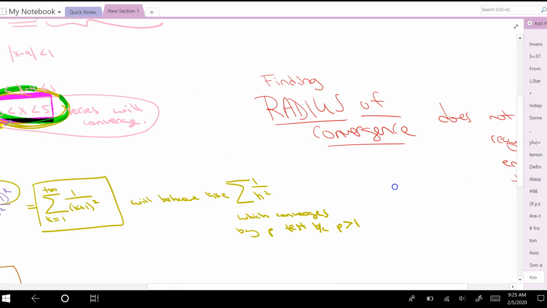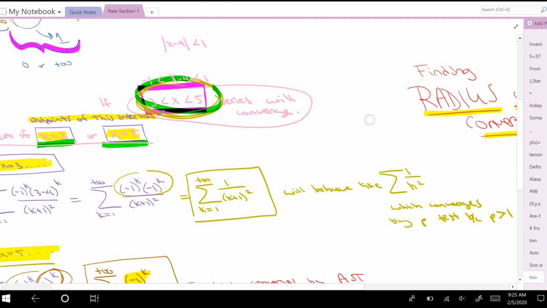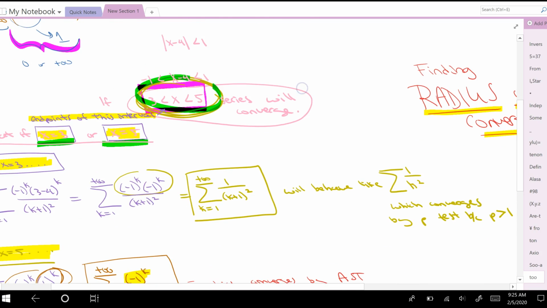Okay, and here's why. The radius of convergence is merely half the distance of the potential interval of convergence. So here, do you see how the interval of convergence is going to be 3 to 5, possibly inclusive, possibly exclusive? The entire interval is 3 to 5, which has a length of 2.